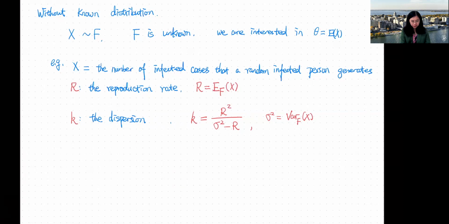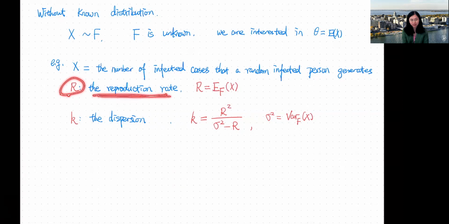And this random variable is of great importance in epidemiology in studying how this virus transmits among the population and in assessing how difficult or how easy the disease transmits across the population. The whole distribution of the X variable is important and useful. But in particular, there are two features that are very important. One feature is the R parameter, which is the reproduction rate.